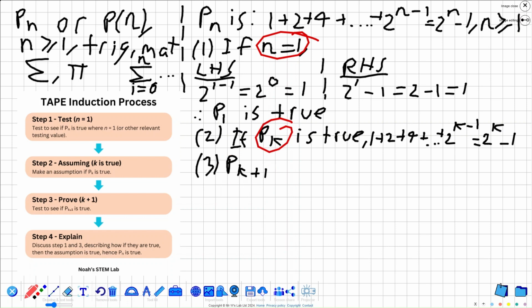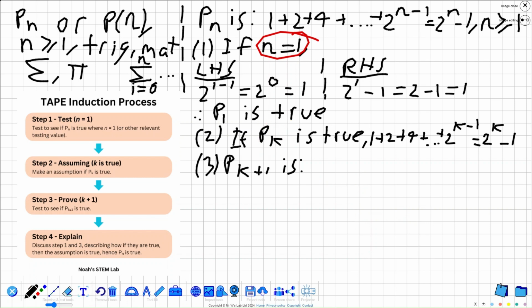For example, let's say hypothetically that k equals 4. Then if 4 works, because it's a real value, then 4 plus 1, which equals 5, should also work, obviously. So let's get rid of these things and give this a try.